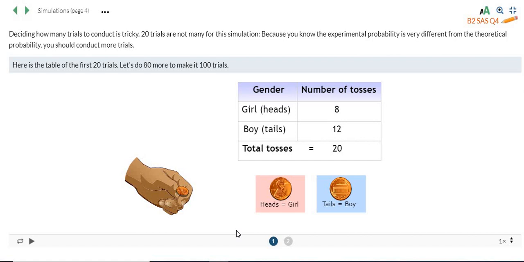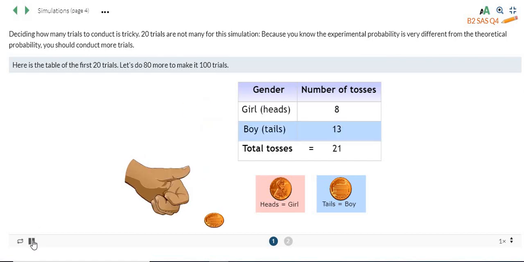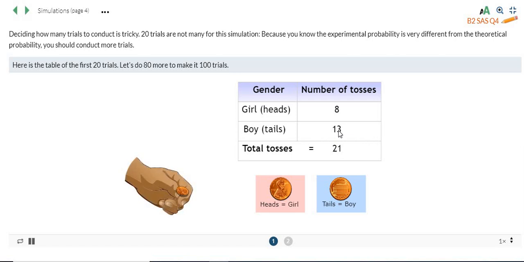Alright, so this is a table of my first 20 trials. I need to do 80 more, so I have 100 trials. And I want to see if it got close to my theoretical probability of 50%. So, looking at this first animation, they flipped it, landed on tails.